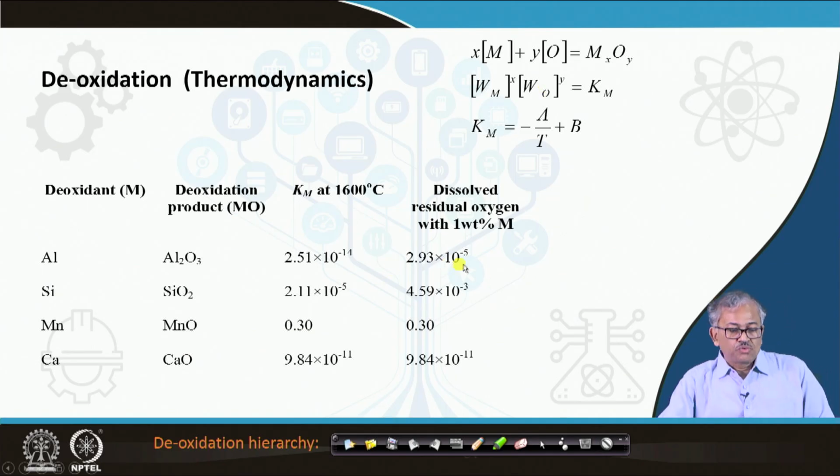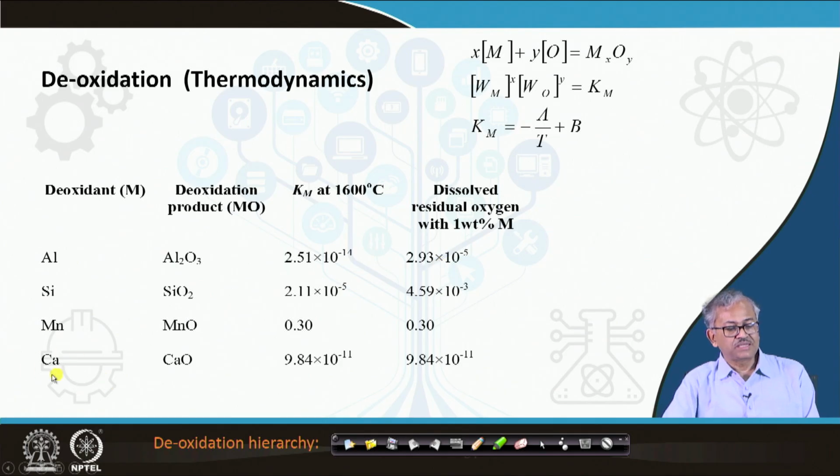So what does it mean if you use aluminum as a deoxidant? With 1 weight % of aluminum in the bath, the dissolved oxygen that will be in equilibrium is 2.93 × 10⁻⁵ at 1600 degrees centigrade.